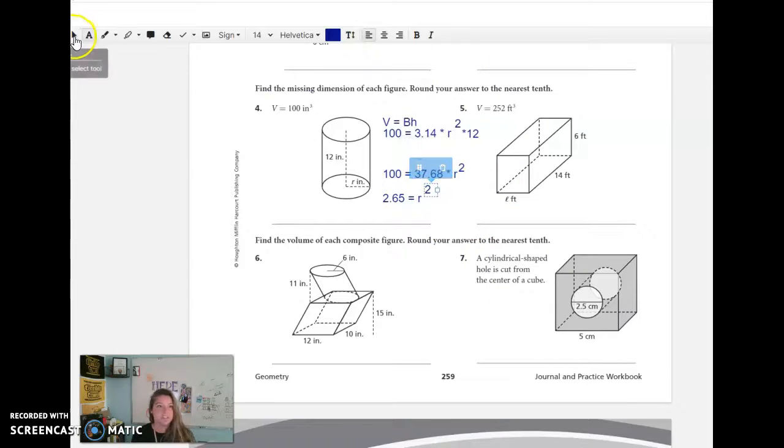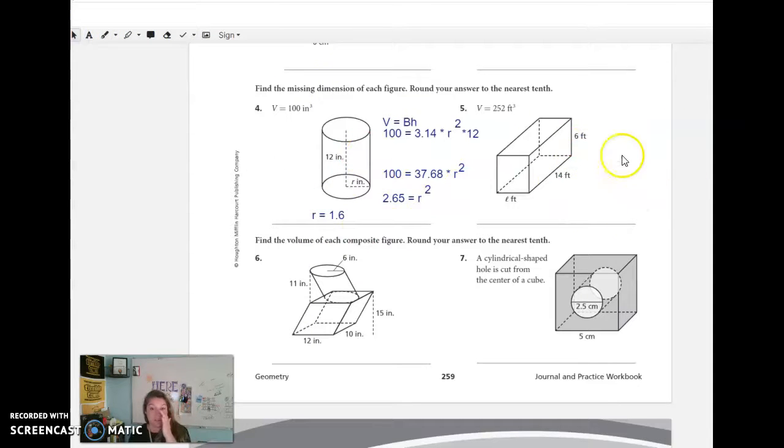And now we're just going to take the square root of that. So remember, when it says r squared, to get r by itself, you do the opposite. The opposite of squaring is square rooting. And so this final answer should be r equals, let me get that typed into my calculator. Ba-bam, 1.6. I think it said to round to the nearest tenth. Okay?